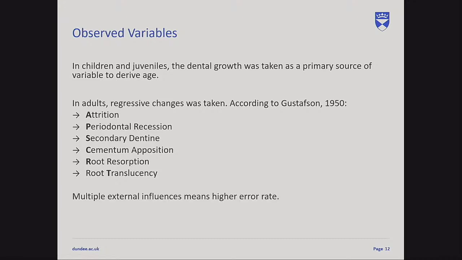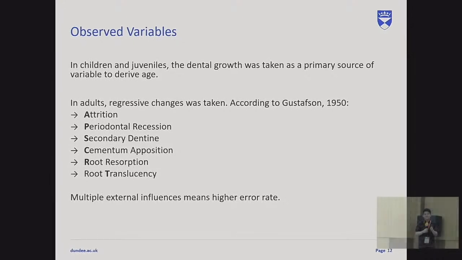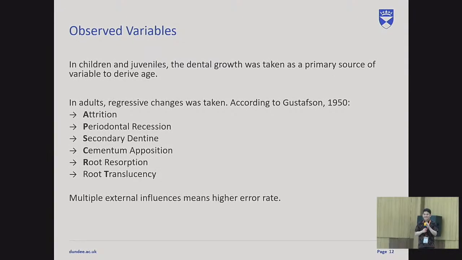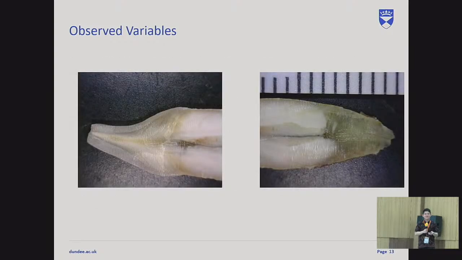Karena kita punya banyak faktor eksternal, akhirnya error rate-nya makin tinggi. In adults, you cannot expect a lower error rate. It is never low. It's always high. It's almost 4, 6 years.